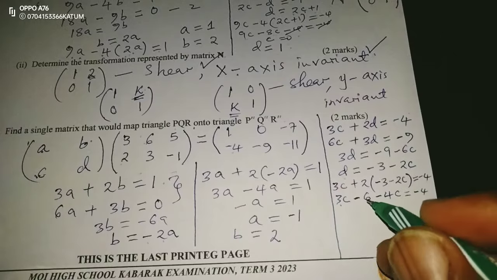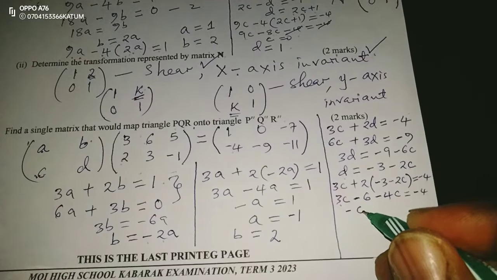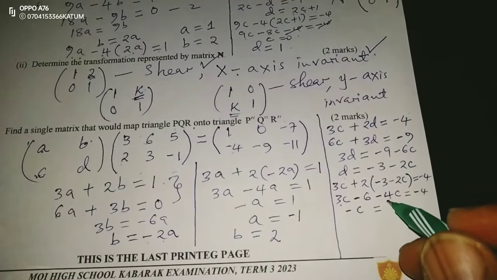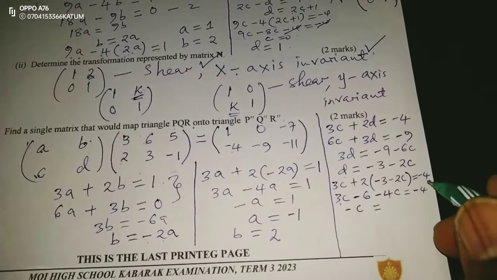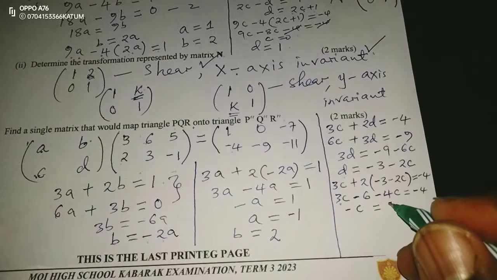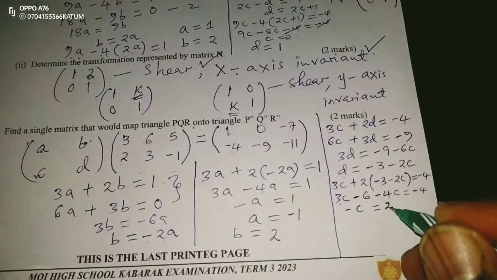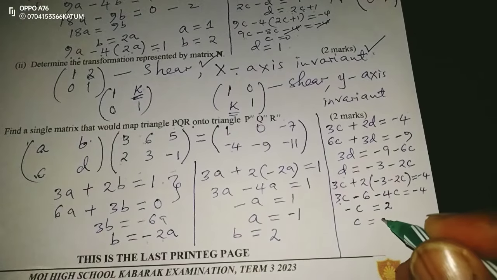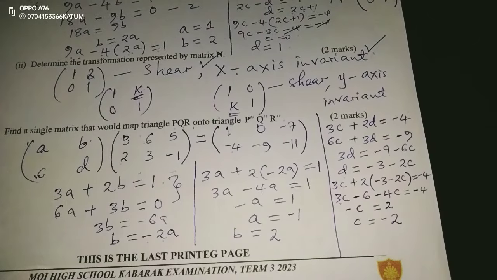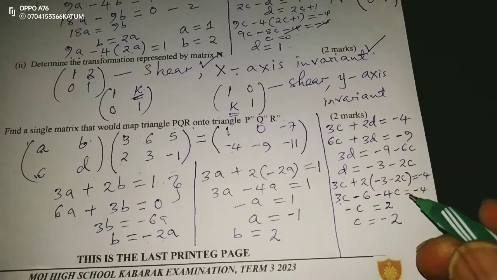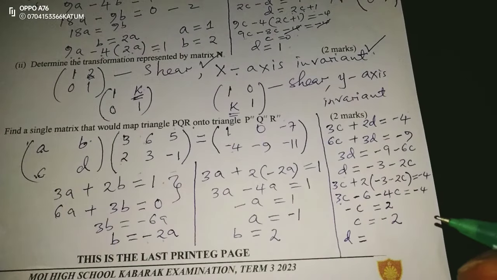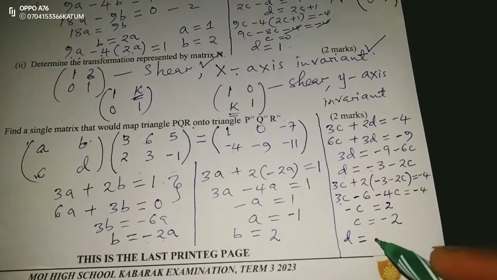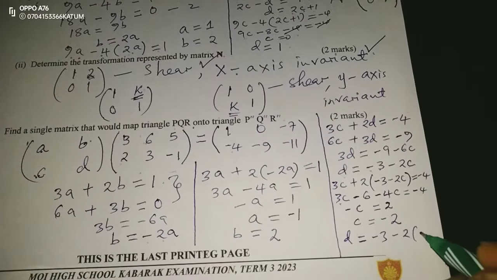So this is negative C equals, because 3 minus 4 becomes negative C, then 6 goes to the other side and becomes positive. So positive 6 minus 4 gives us 2, and the value of C is negative 2. That means the value of D is negative 3 minus 2 times negative 2.